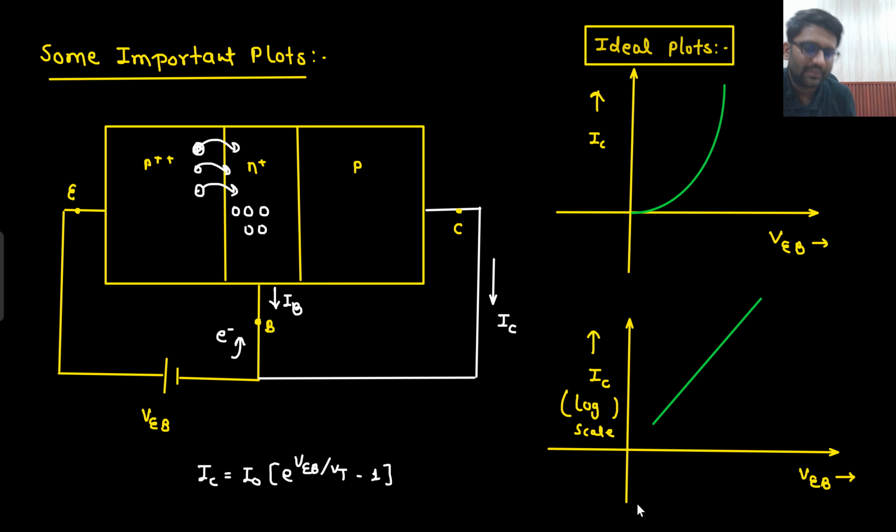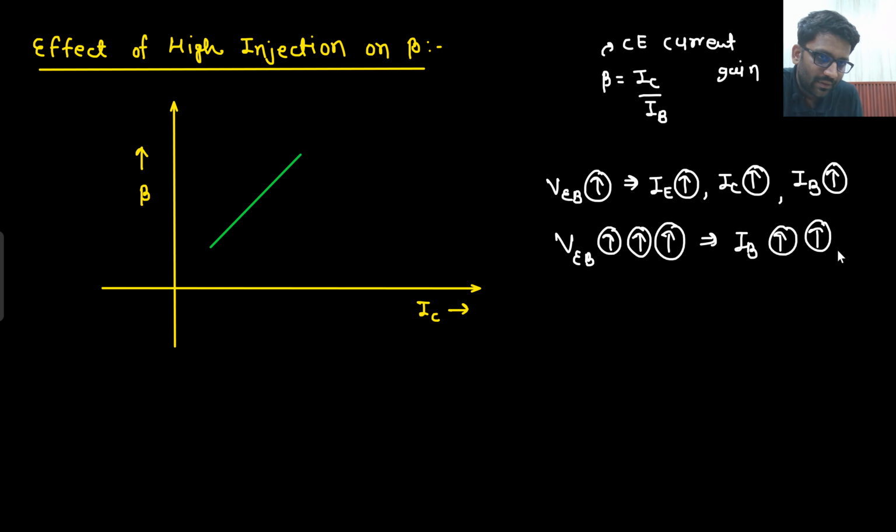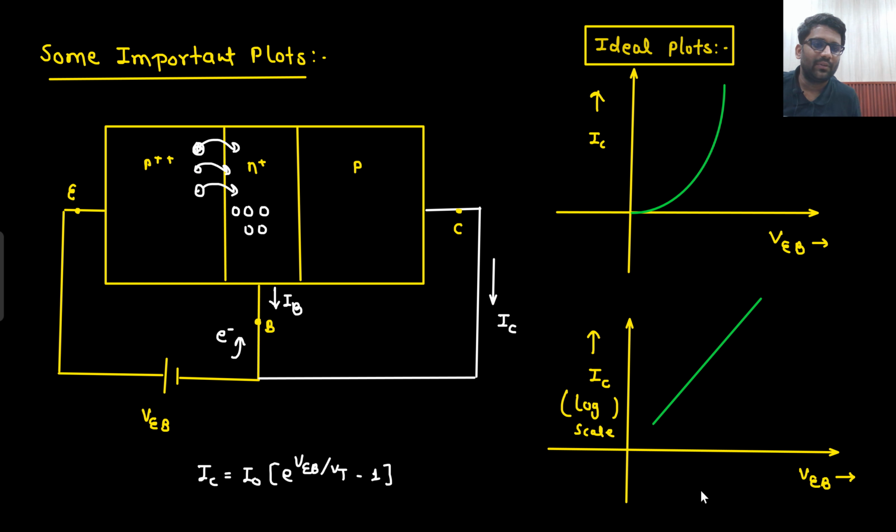So if VEB is increased so much, your IB will increase so much, but your IC will not increase so much. IC will be moderate only.